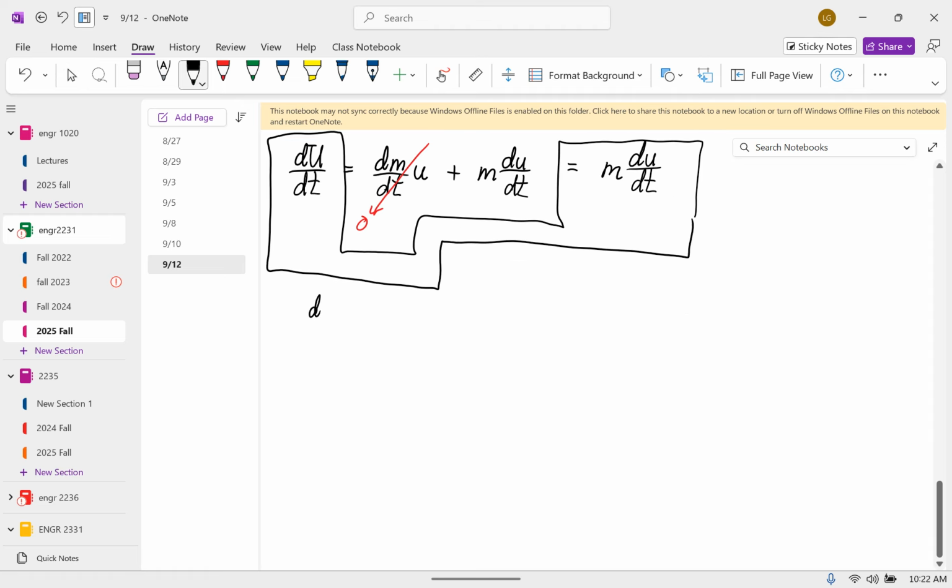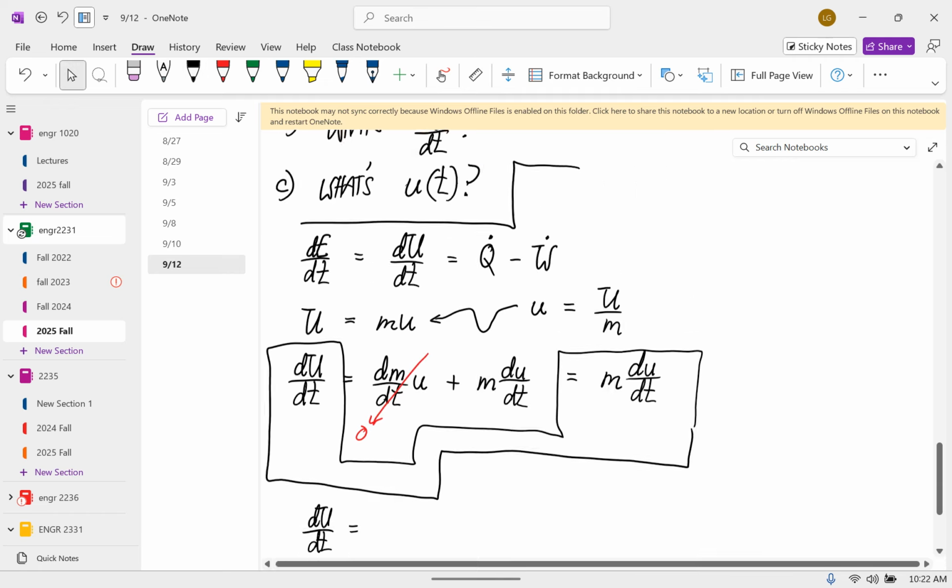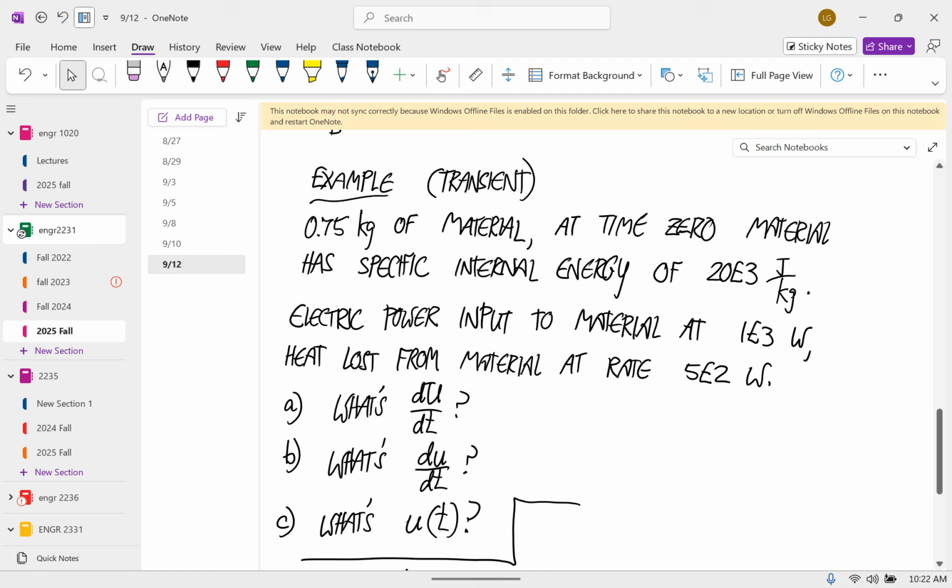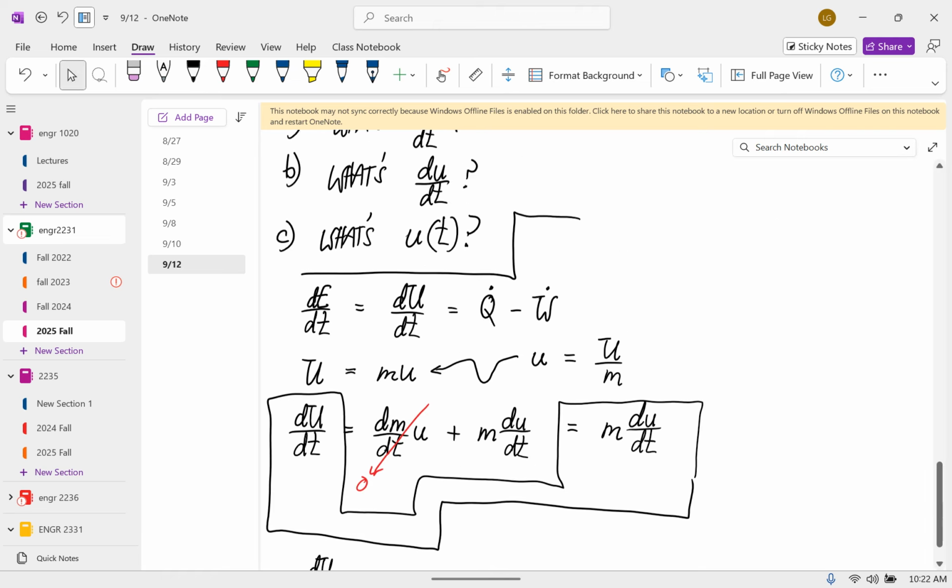Now we'll set up dU/dt is equal to, we have to think about the meaning of these changes in energy. So electric power is input to the material at this rate. Does that mean the W dot is positive or negative? Negative, yep.